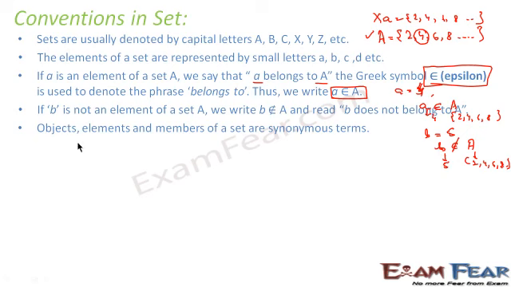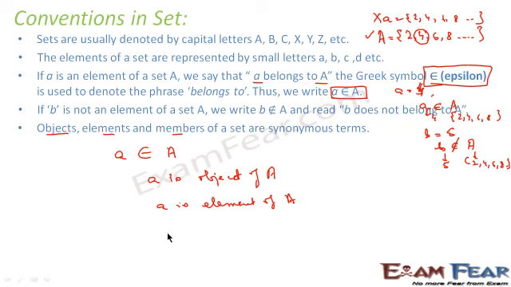And also please note that when we use the terms objects, elements or members, they are all the same. When we say a is an object of A, we can say it like this also. We can say a is an element of A. Also we can say a is a member of capital A. So all these three mean the same.